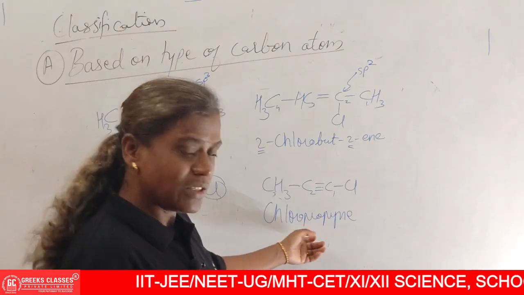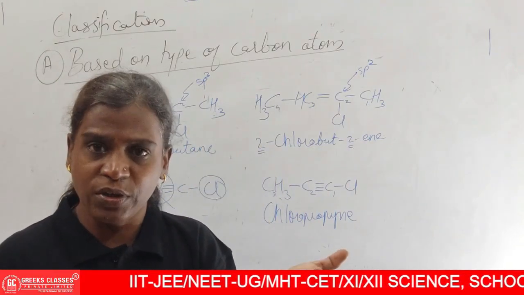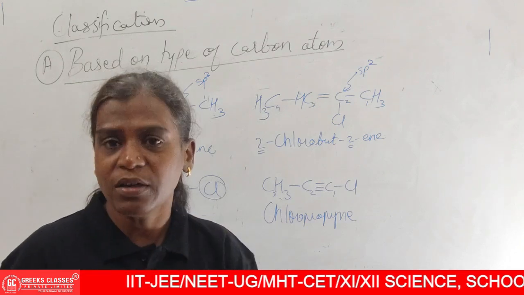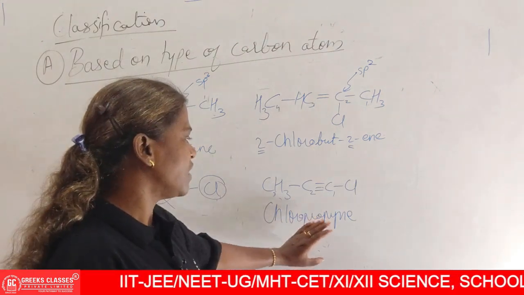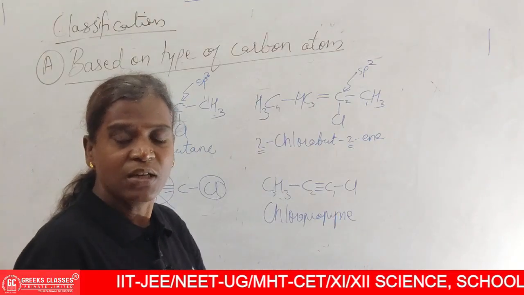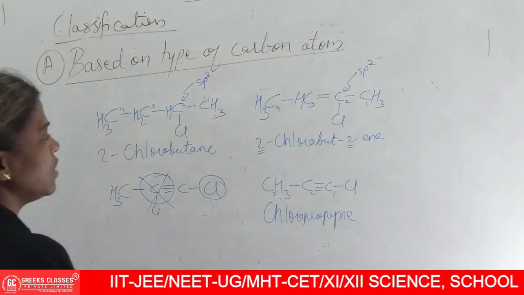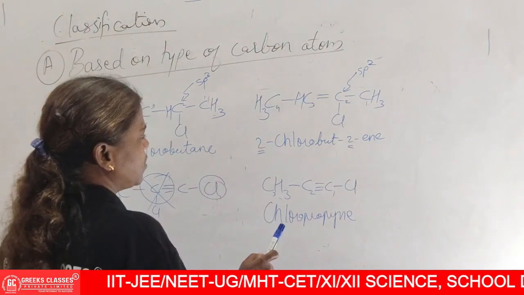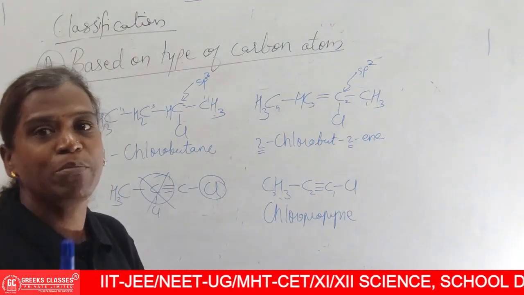Otherwise here, because it is the first carbon that was having a substituent, it was not needed to mention the number. So we can simply write here chloropropyne as the correct nomenclature for this compound. But please make a note, one important point again and again I am reiterating, that is tetravalency of the carbon should be maintained.